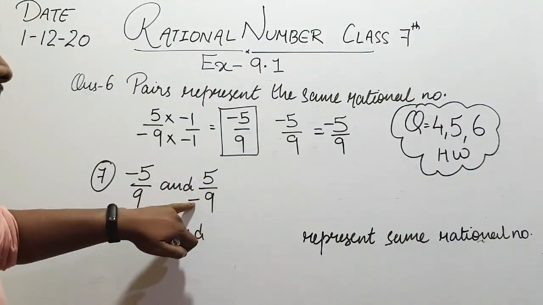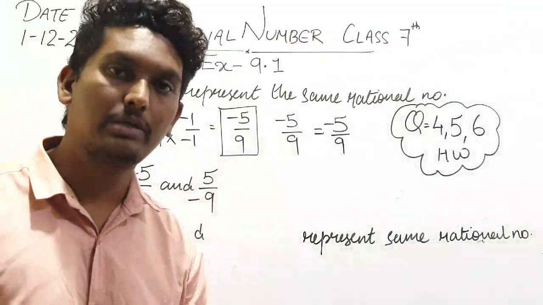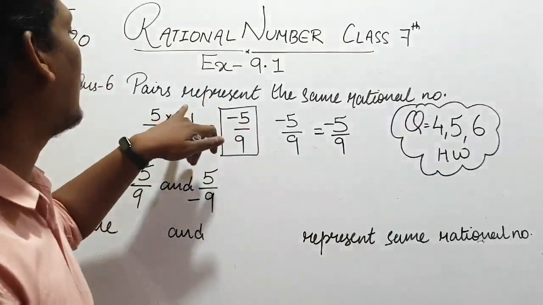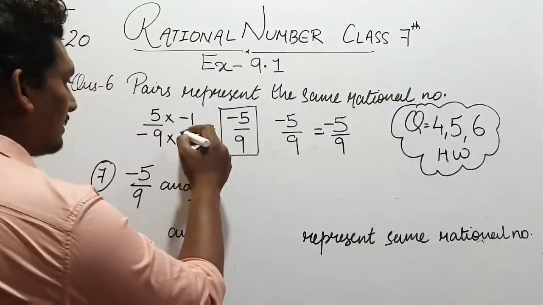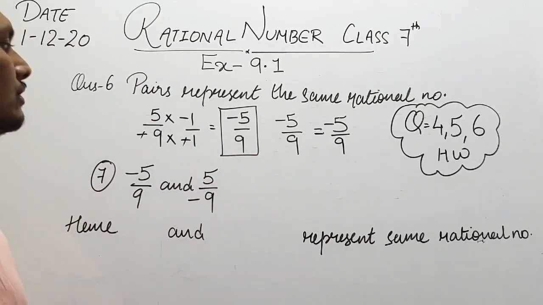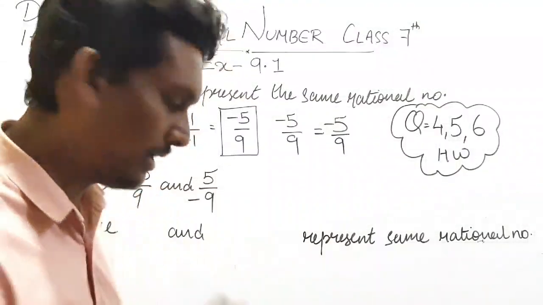Here the negative sign was in the denominator, so we have replaced it by multiplying with minus 1. This minus and this minus get cancelled, okay? So it becomes positive. Now our denominator is positive, right?